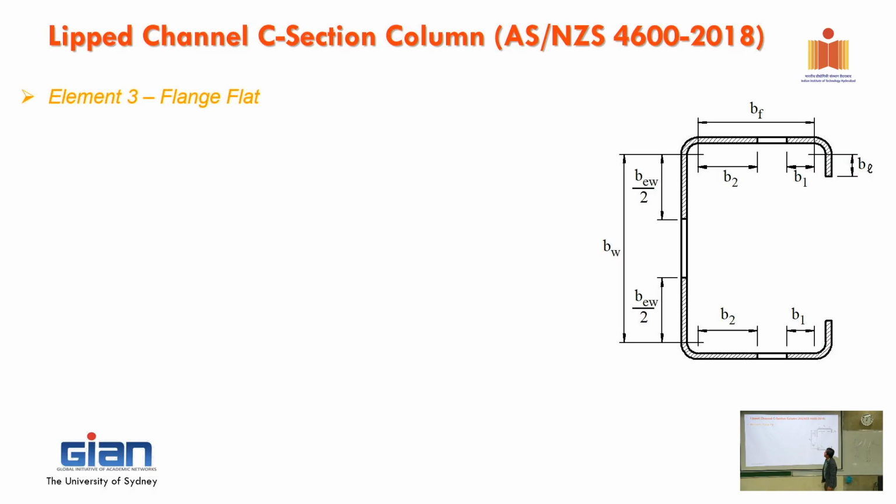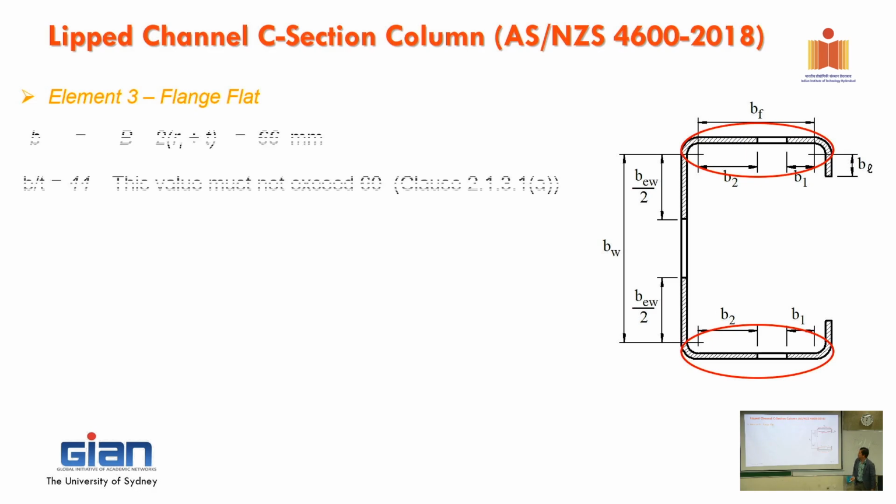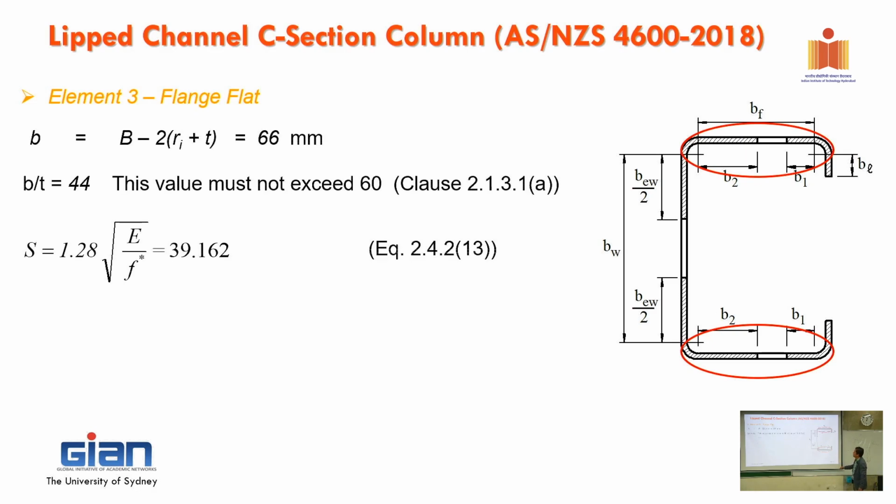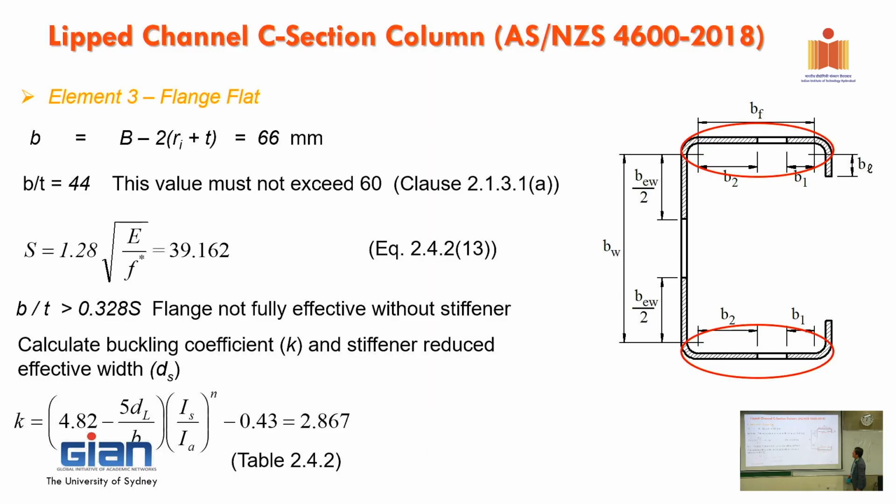Then we look at element 3. Element 2, the corner, of course, they're all effective. Very small area is effective, not going to buckle in the corner, right? Now, the next one, we look at the flange. And the flange is in pure compression, constant compression. But I explained to you before, the K is somewhere between 0.43 and 4.